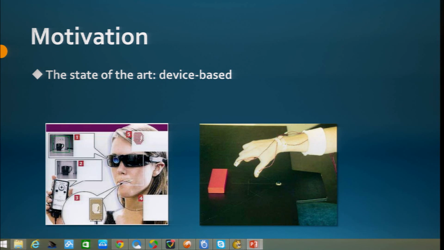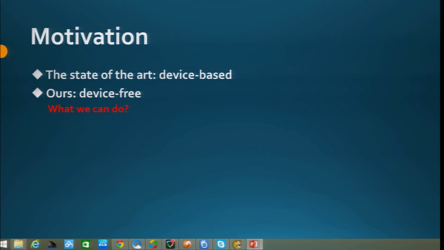We want to use RFID tags to detect the movement of, for example, the arms of the user. Then we can tell which direction they want to move, and deduce the intention of the user. But we will do it in a device-free pattern.